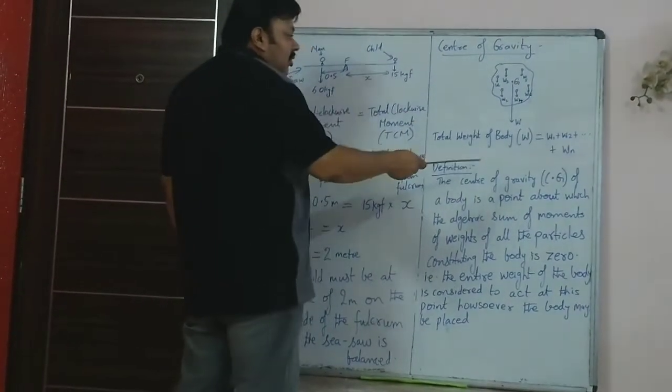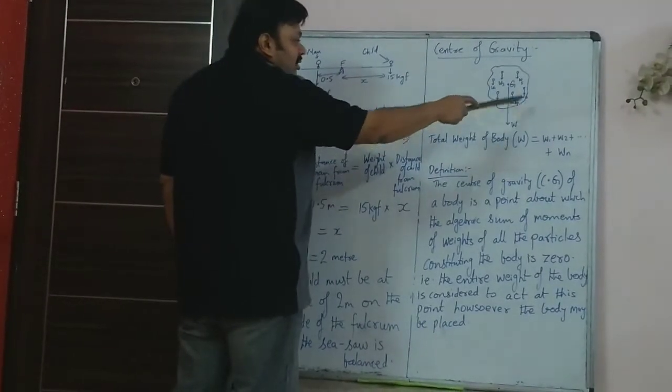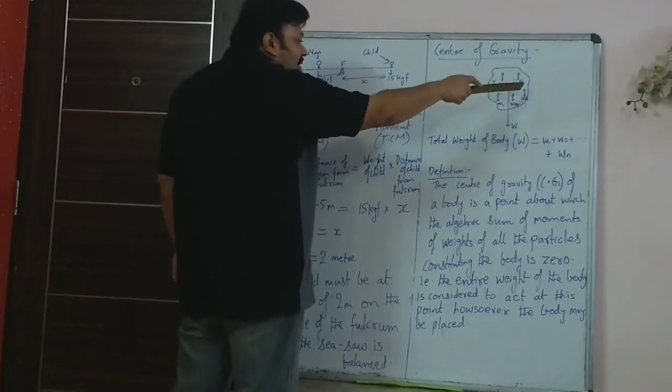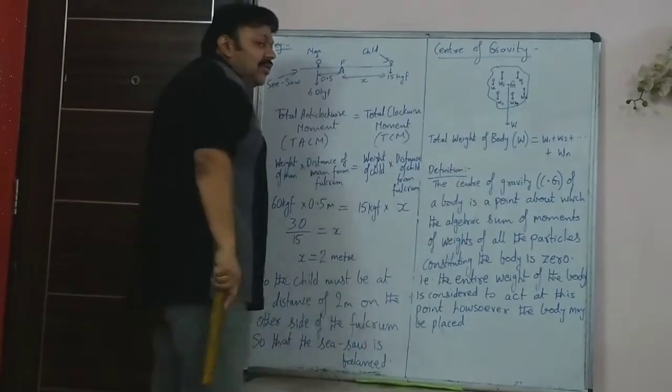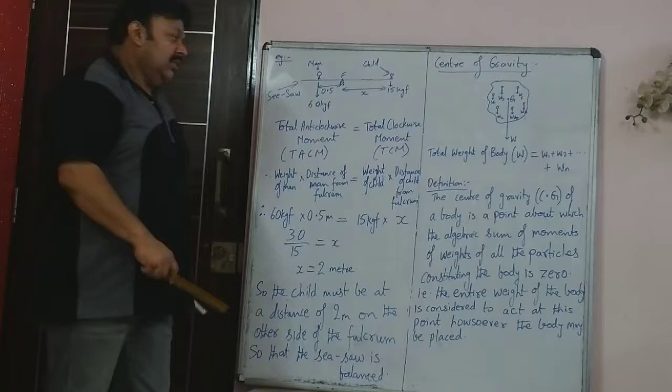So you are being told that the sum of all these anti-clockwise movements and the sum of all the clockwise movements about the center of gravity would be equal to 0.